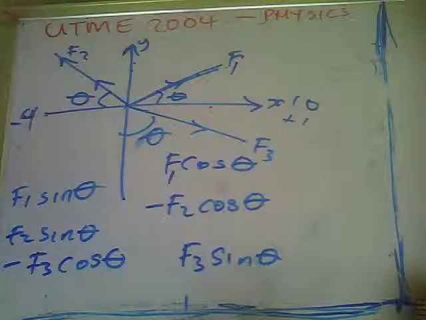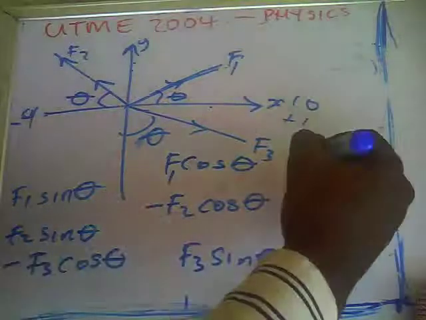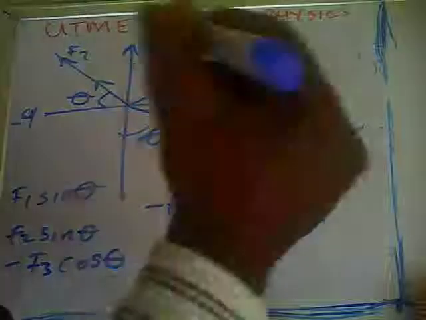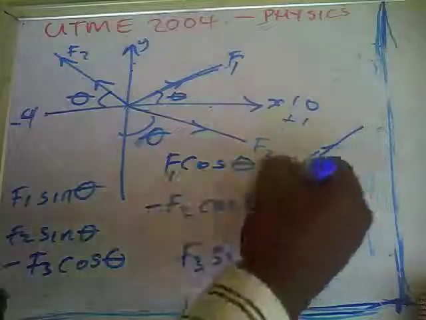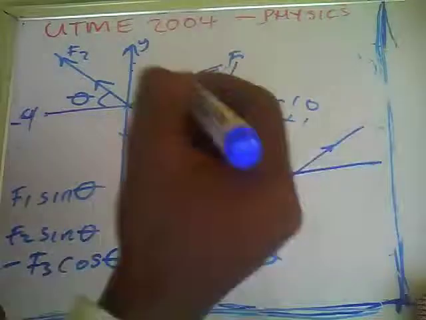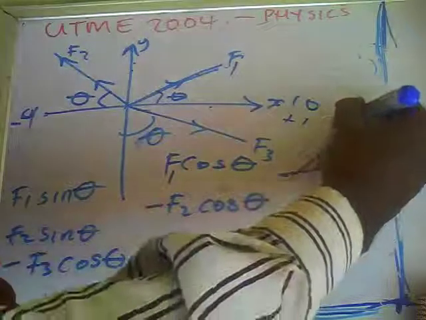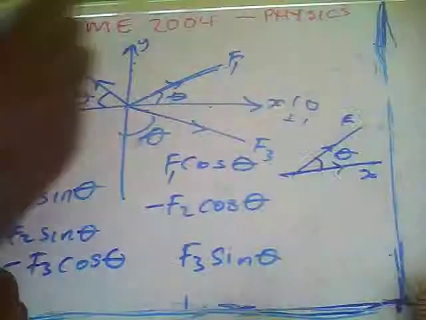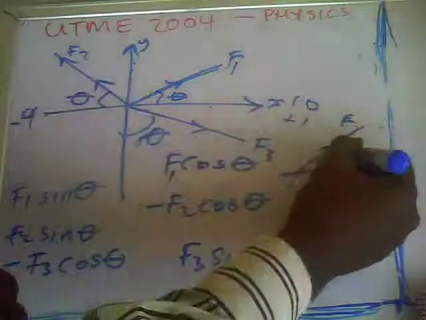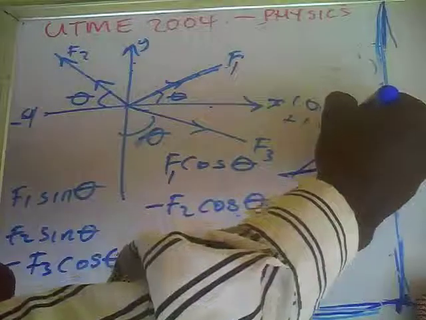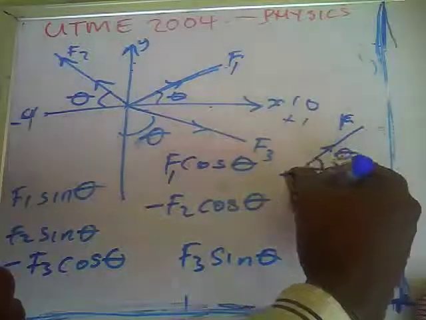It shouldn't be. What you have to understand here is that the resolution of forces is not something that you cram, that if it is vertical, it is sine theta, if it is horizontal, it is cos theta. No. What we do is, when we have a force F, and I want to resolve it along this direction, let's say this is direction X, and this is F, we need to know the angle between F and X. Once you know the direction, when we solve F along X, that becomes Fx.